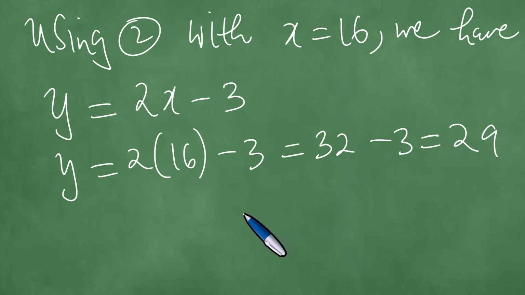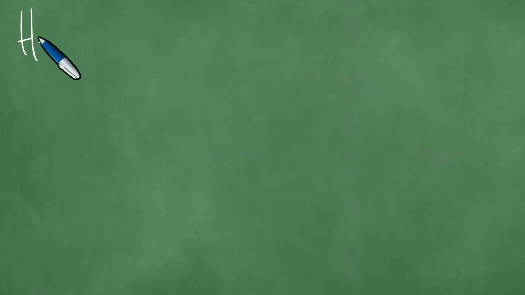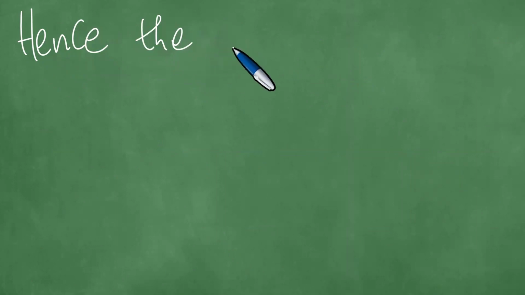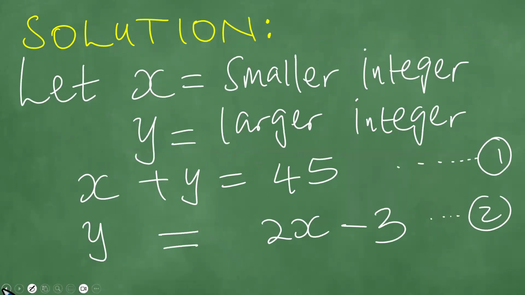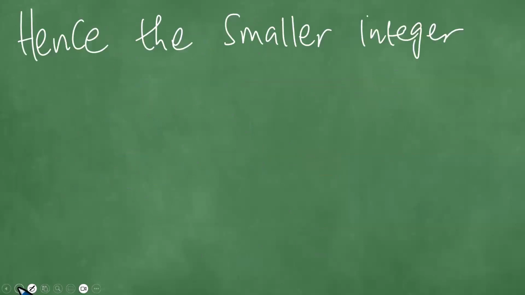So what is the conclusion here? We've got that x is 16 and y is 29. Hence the smaller number, or the smaller integer, right? Because we used the words smaller integer and larger integer, so we just conclude in that manner.